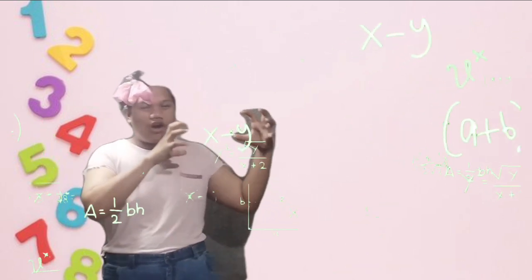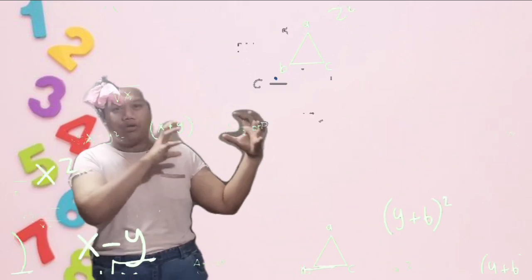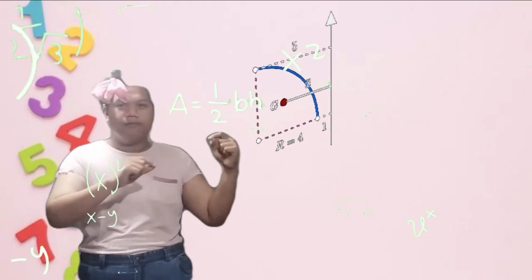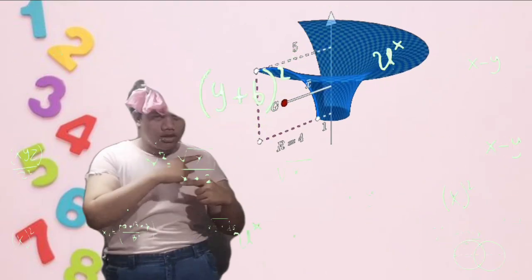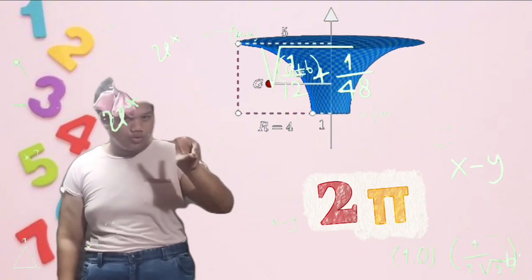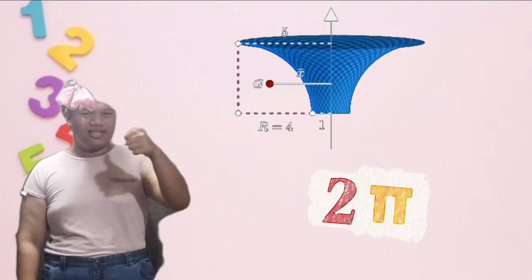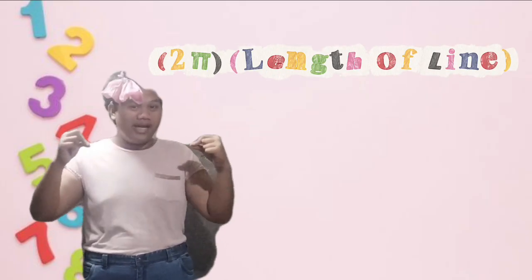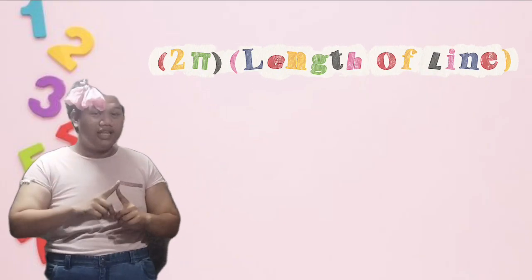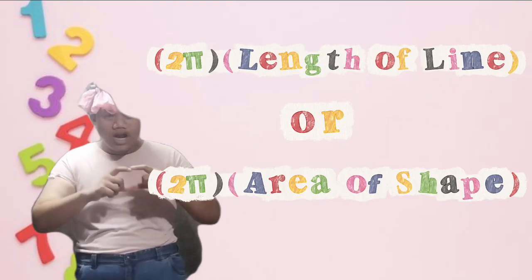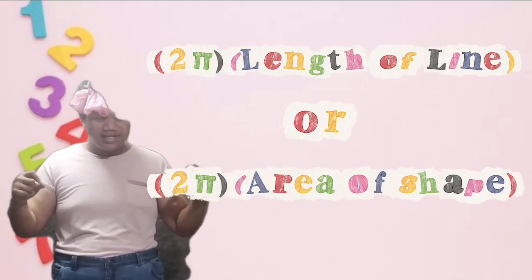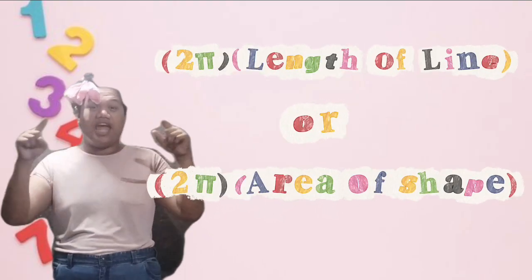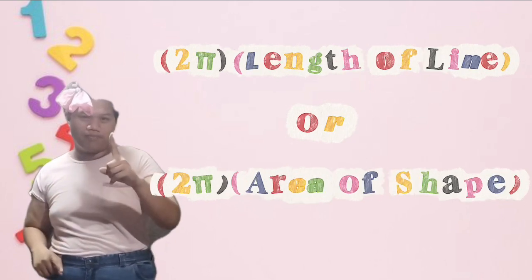The formula is the amount of revolution, like for a full circle you use 2 pi, multiplied by the area of the shape.